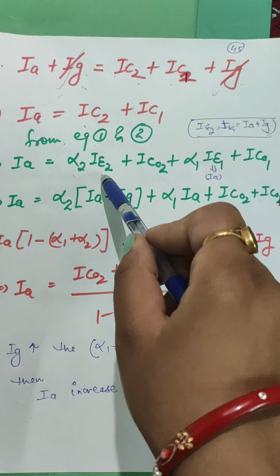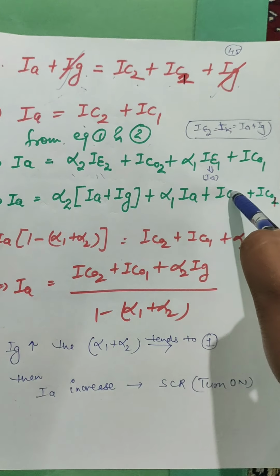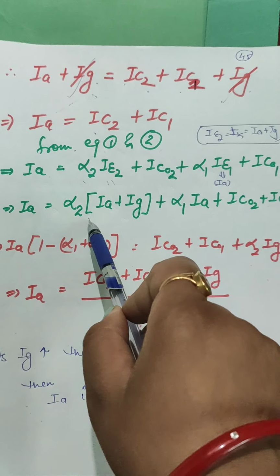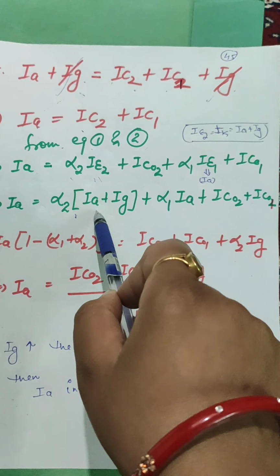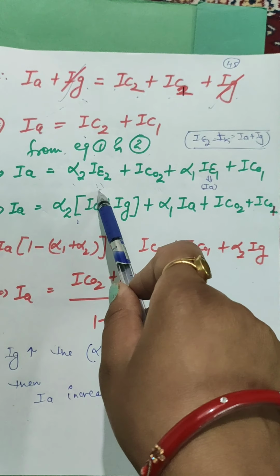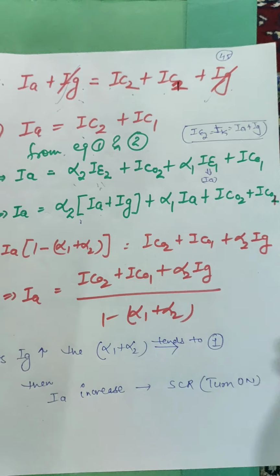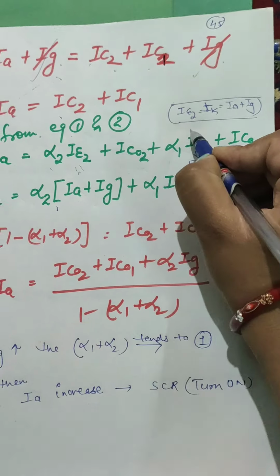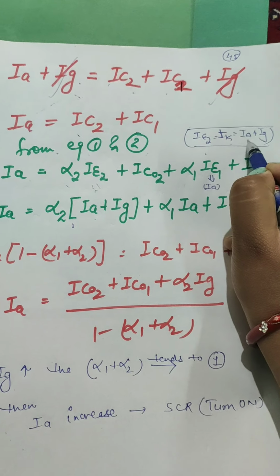We put in the values of IC1 and IC2. Alpha 2 is common. We put in the value of IE2, which equals IK, or IA plus IG.